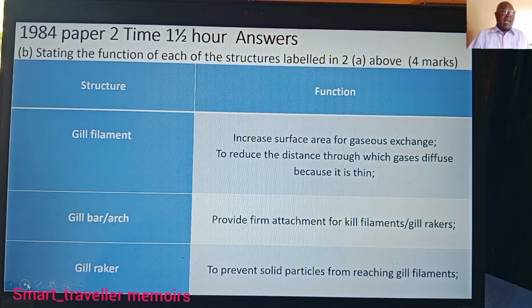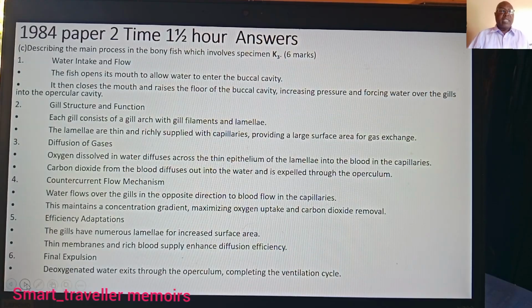For the gill bar, or what you call the arch, the function is to provide firm attachment for gill filament, or you can say provide firm attachment for gill rakers. And finally, the gill raker is to prevent solid particles from reaching gill filaments.